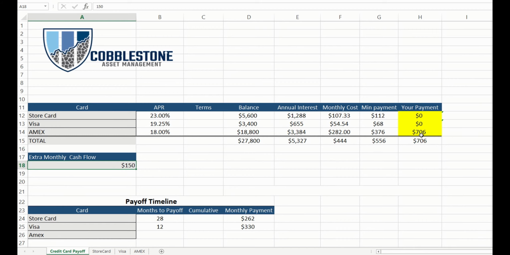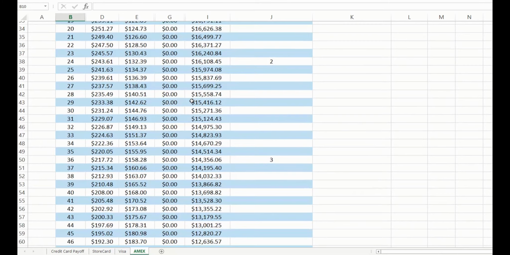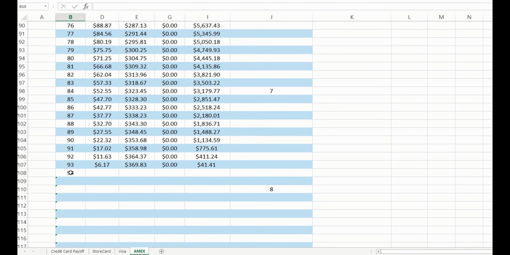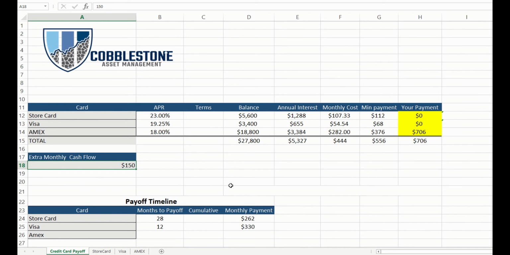Let's see what $706 now does for the pay down on the American Express compared to the minimum payment of $376. We have our $376 going in. It's a big balance and takes 94 months, almost 8 years to pay that balance down. We have our extra monthly payment, which again comes from the difference between these $330, which is generated solely off of the cash flow from the store card and Visa that have now been eliminated.